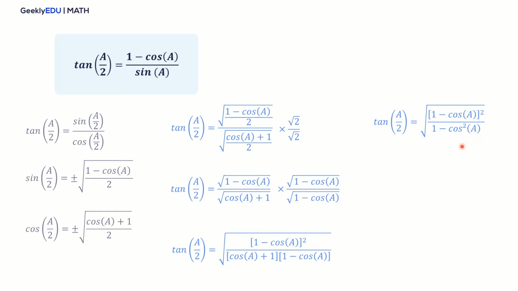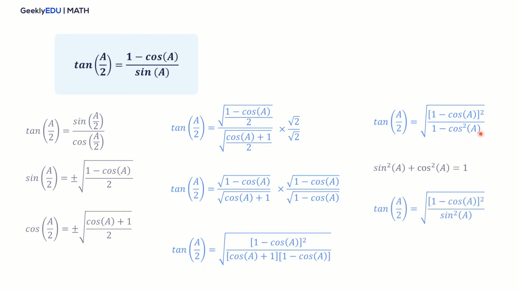Okay? Now, we want to simplify this a little bit more, right? So we have that thing that relates the 1 and cosine squared with the sine, which is our Pythagorean identity, right? So sine squared of a plus cosine squared of a equals 1. Or sine squared of a equals 1 minus cosine squared of a.